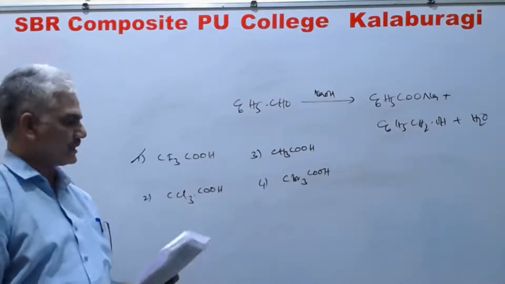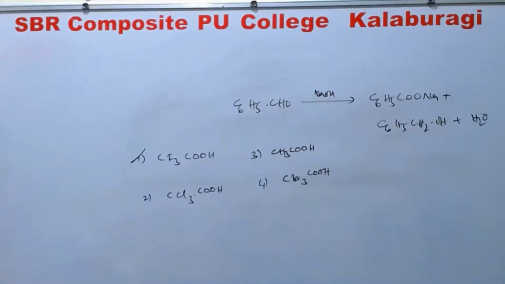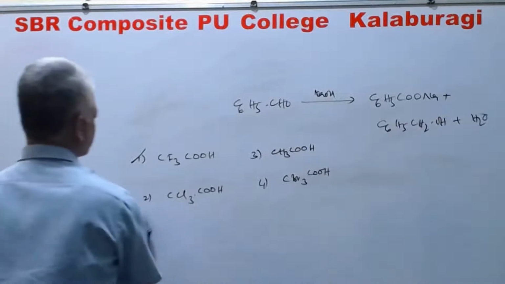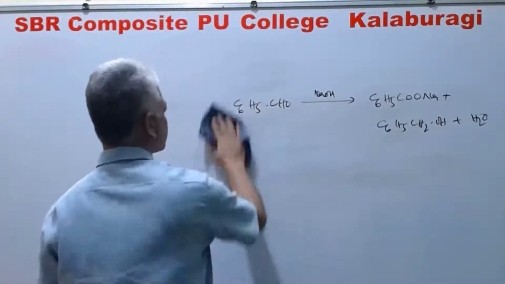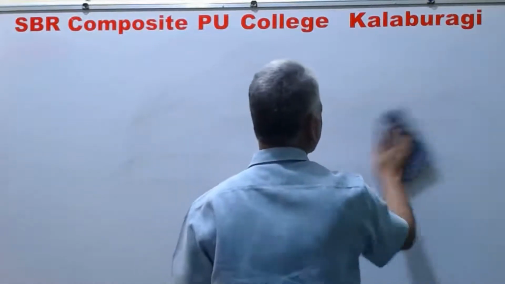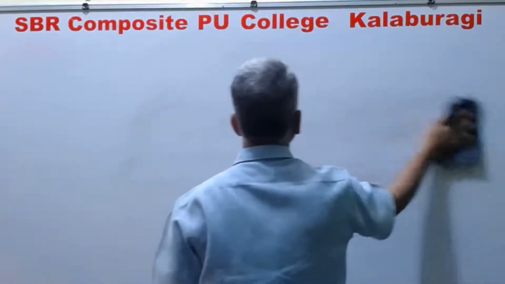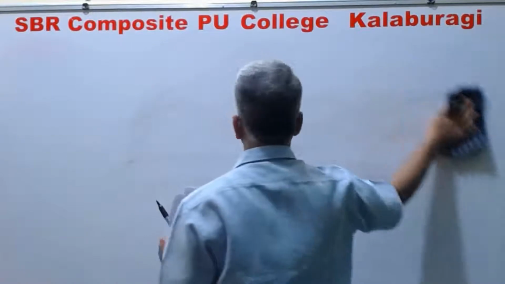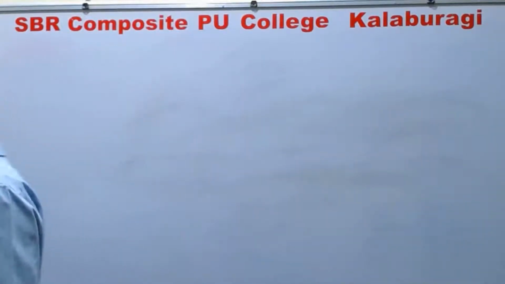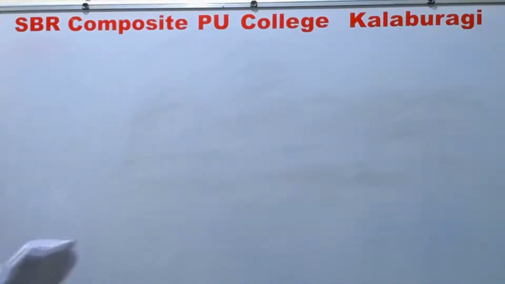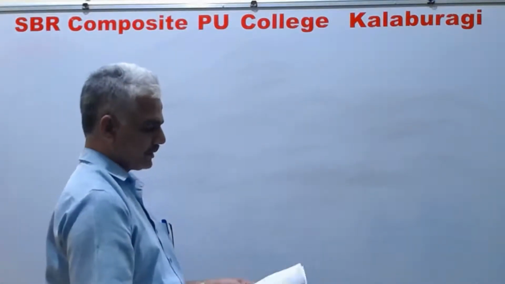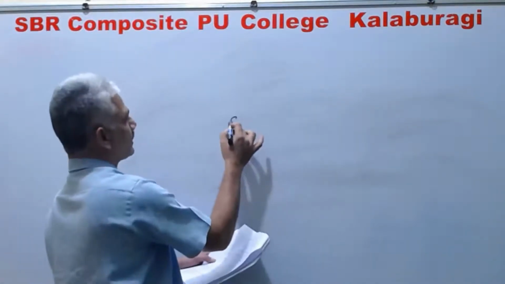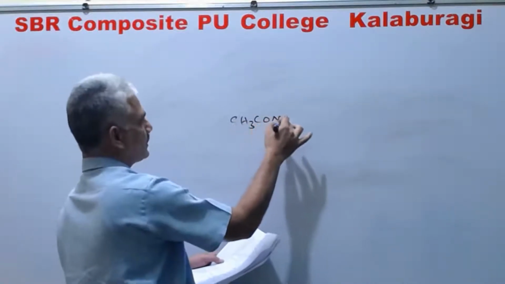Next, 19th question. The correct order of decreasing boiling points of CH3CONH2.